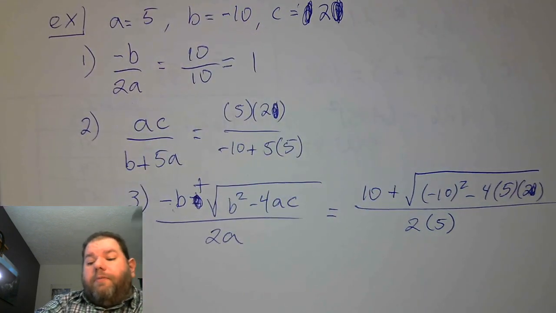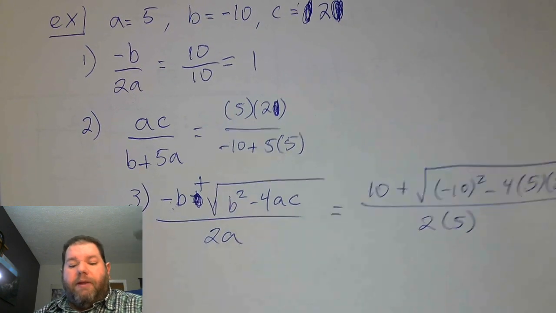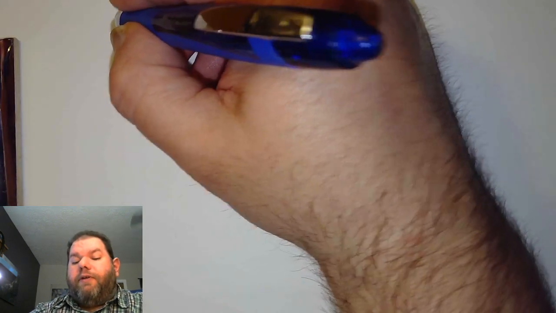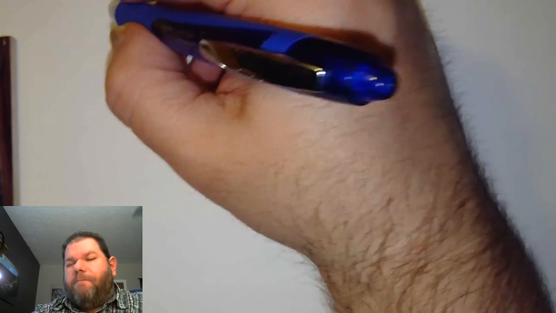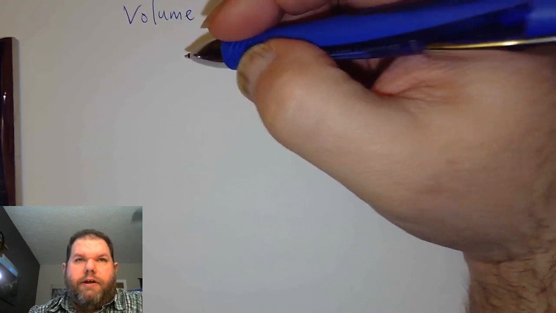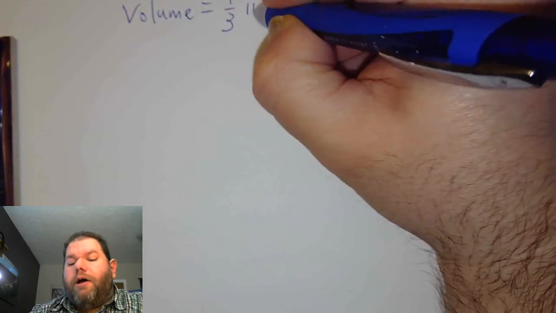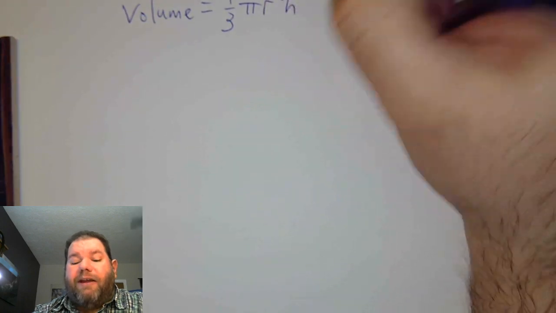The next set of problems on the worksheet deal with what are basically geometric formulas, and they want us to be able to plug in numbers and evaluate those. So if we had said, for instance, volume, and this is for a cone, is 1/3 pi times r squared times h.